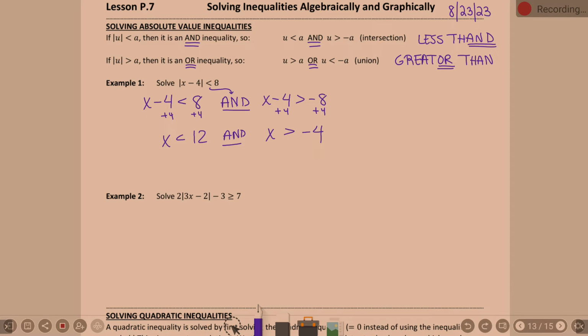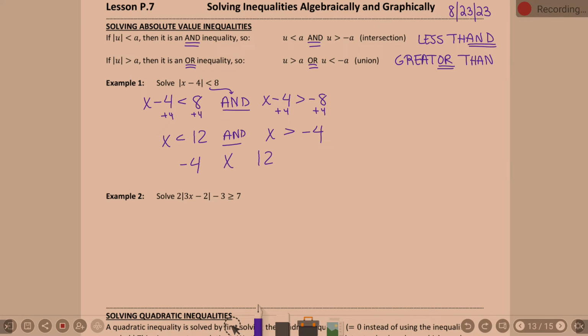Now, with an and statement, you traditionally put it together as one. An or statement, you leave as or with the word. But an and statement, we traditionally put together as one. Do you remember this? We're going to have x in the middle, bigger number on the right, smaller number on the left.